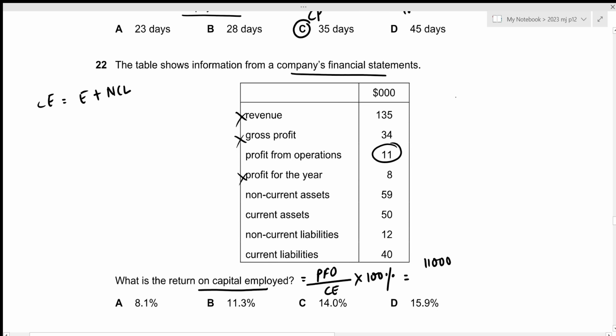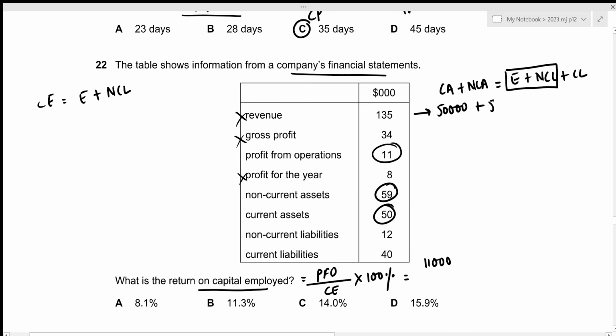Okay, so if you remember our accounting equation correctly, that is just the current asset plus non-current asset. It will be equal to our equity plus non-current liabilities plus current liabilities. We're looking for equity plus non-current liabilities. We're given current assets right here, that's 50,000. We have our non-current assets to be 59,000.